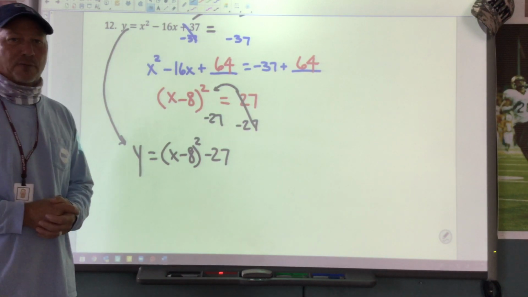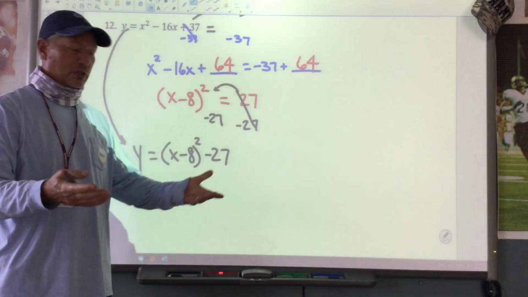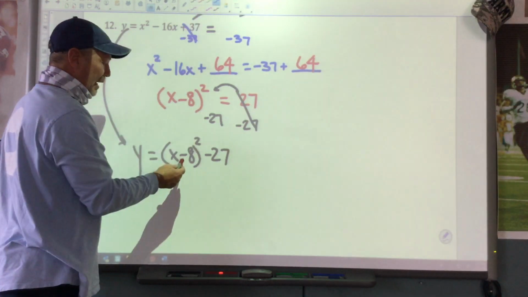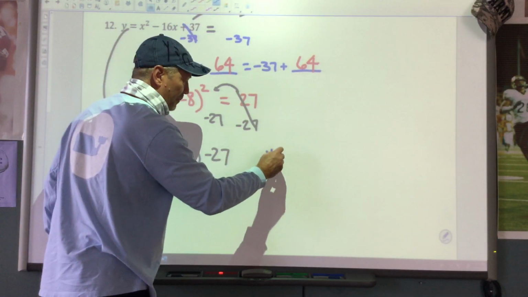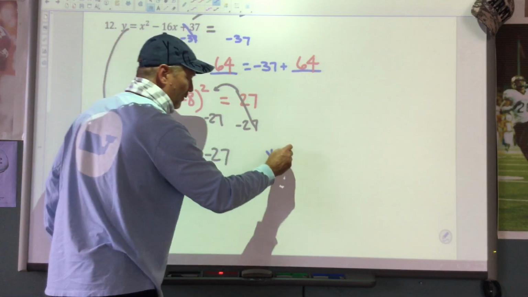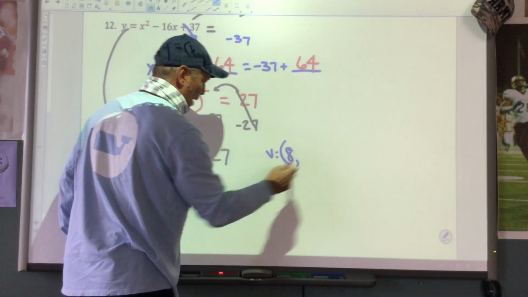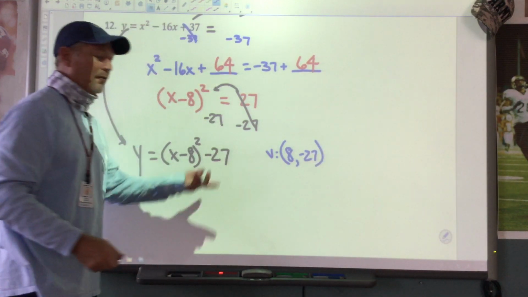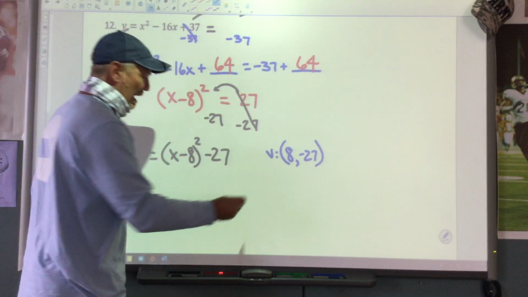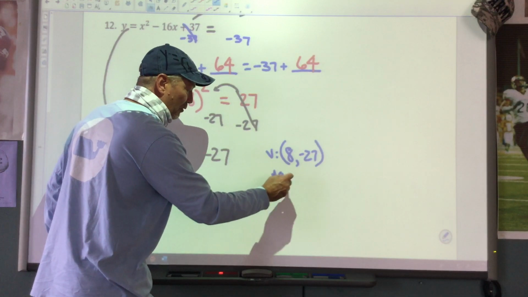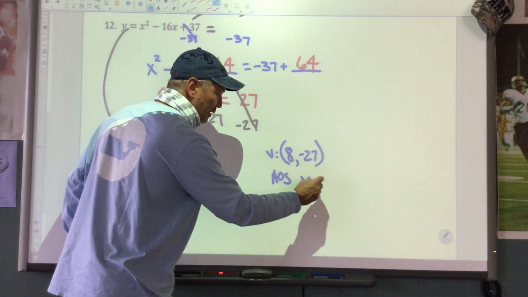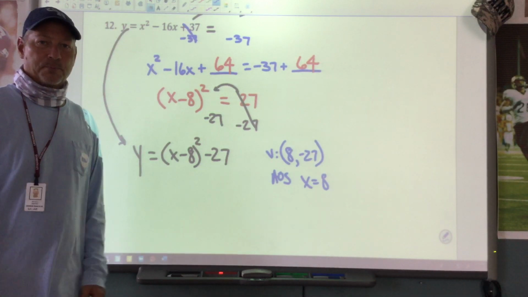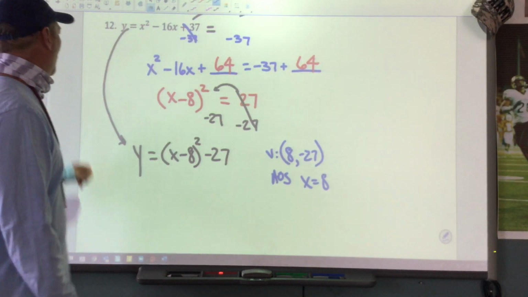That is my vertex form. Just by looking at this, I can say my vertex is 8, negative 27. There's your vertex. Axis of symmetry, just like we've been doing, my axis of symmetry would be x equals 8. Simple enough. All right, let's try some more.